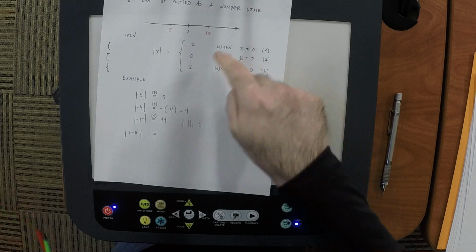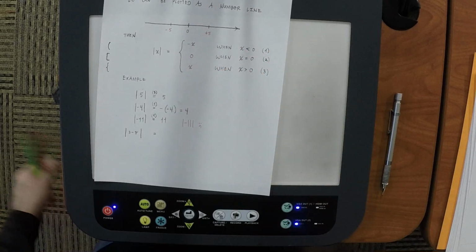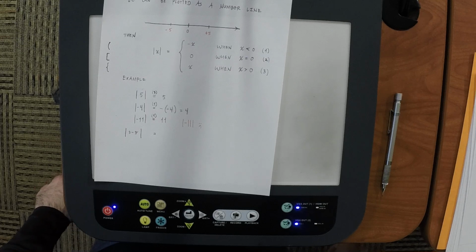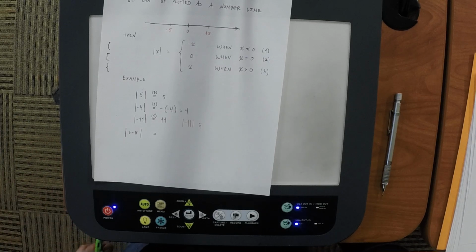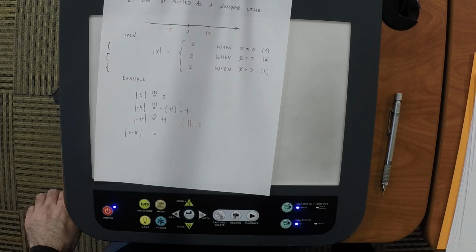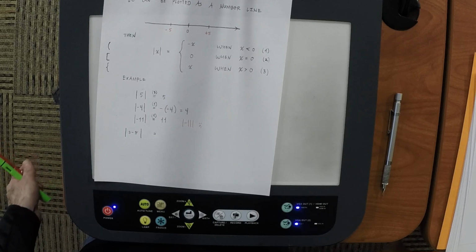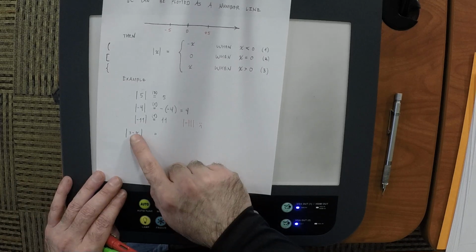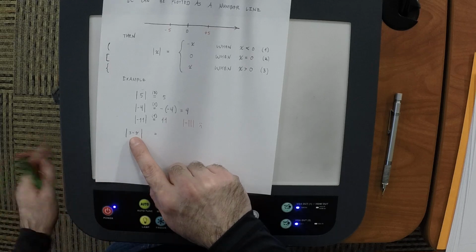There's 3 different clauses. One clause says what to do when the input is negative. The other clause says what to do when the input is 0. The other clause says what to do when the input is positive. So the first thing we need to figure out is which clause we are going to use. So the input is 3 minus pi. Is that negative, 0, or positive?